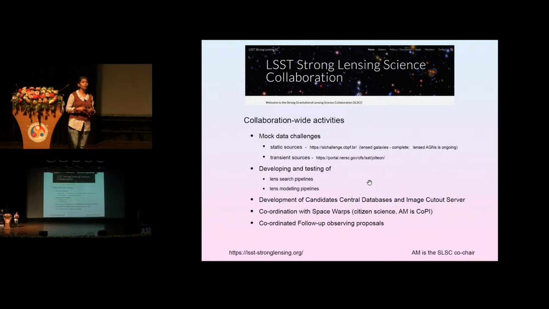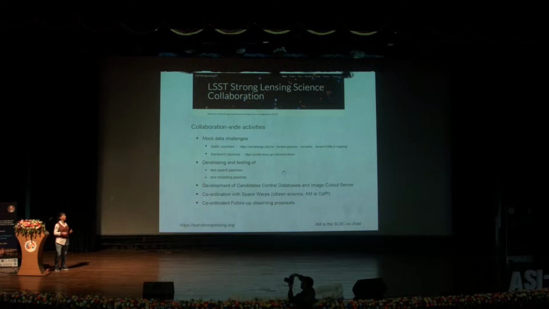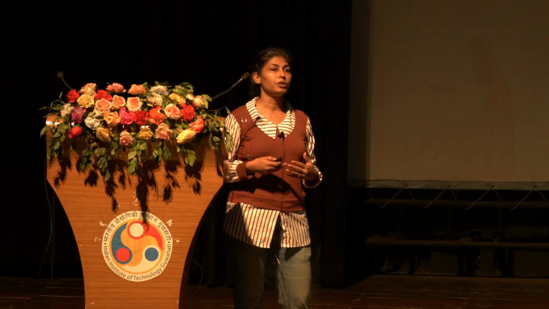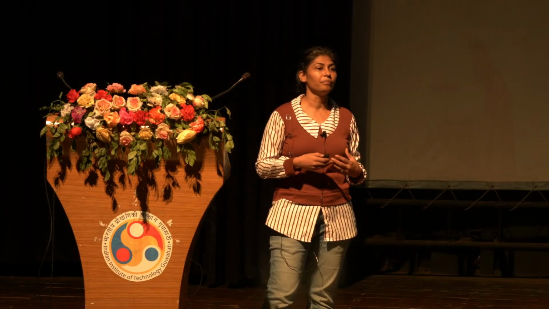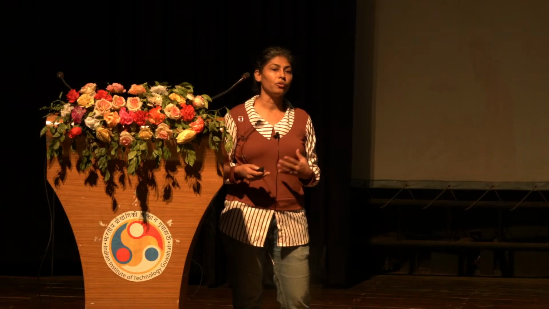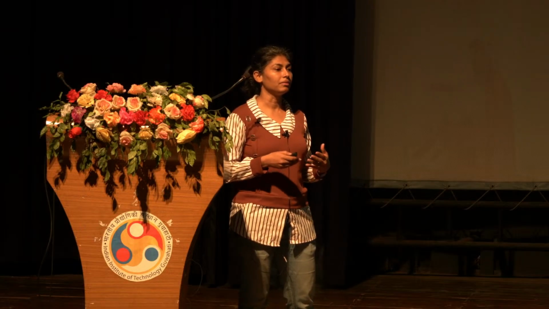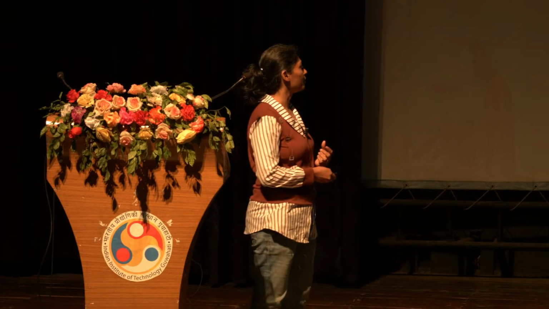Furthermore, we are also coordinating with Space Warps, which is a citizen science project for discovering strong lenses, and also assigning visual ranks and grades to the kind of lens candidates that we'll find. I am one of the co-PIs of the Space Warps project. Furthermore, we are also doing coordinated follow-up activities which will help optimize the different follow-up that will be conducted of the candidates found from the LSST, so that we can share these resources among the different SLSC members.